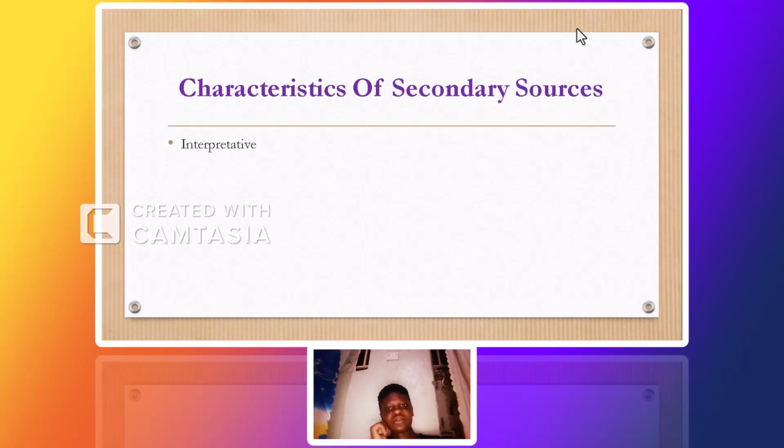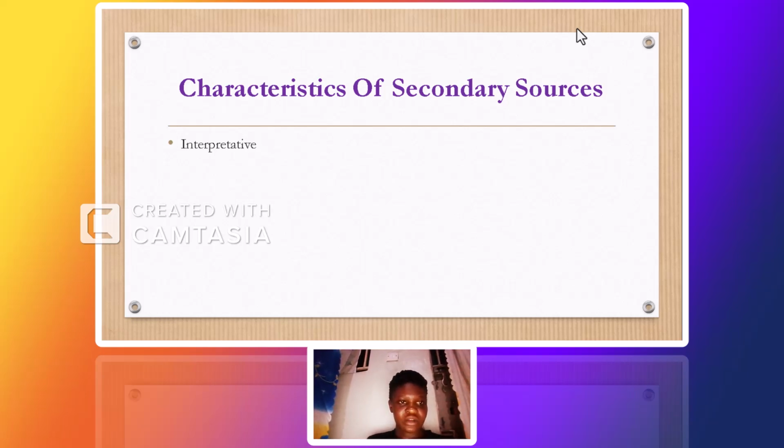They involve some level of analysis, synthesis, or evaluation of primary sources, meaning that secondary sources evaluate primary sources. They explain or critique the primary source or the events that it represents.